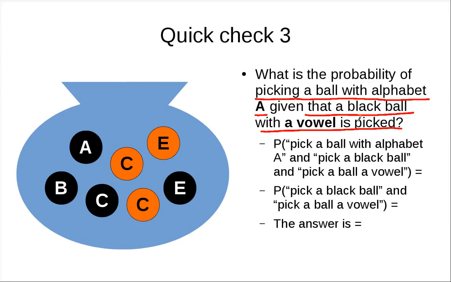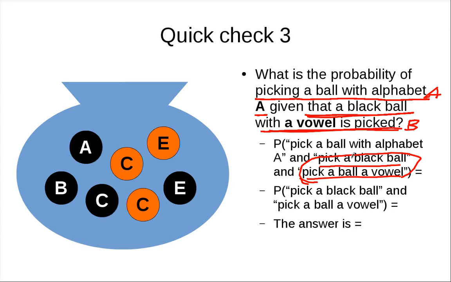So let's look at the probability of A intersection B. A black ball with a vowel looks like one event, but it's actually an intersection of two events: pick a black ball, and pick a ball with a vowel.